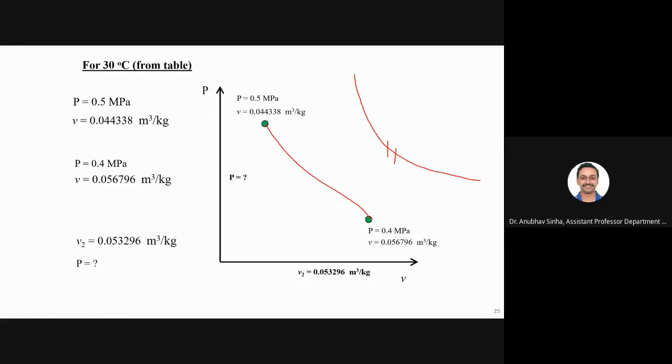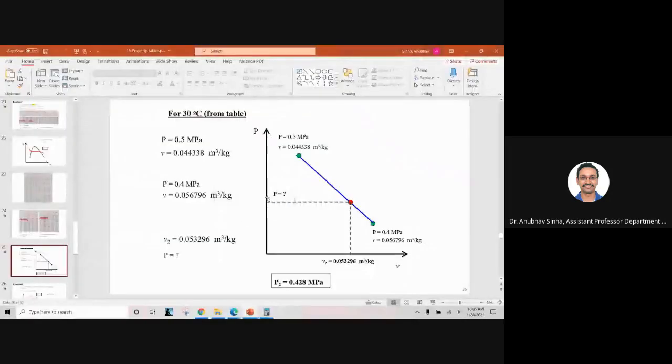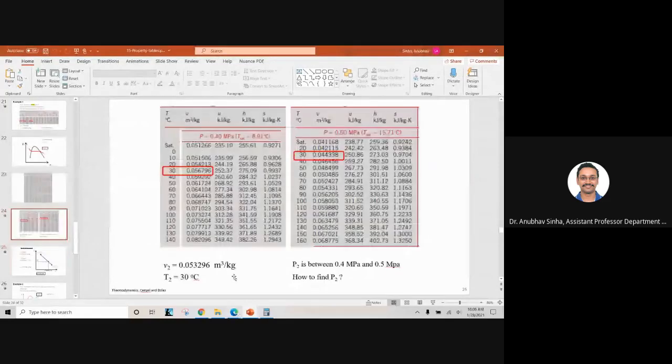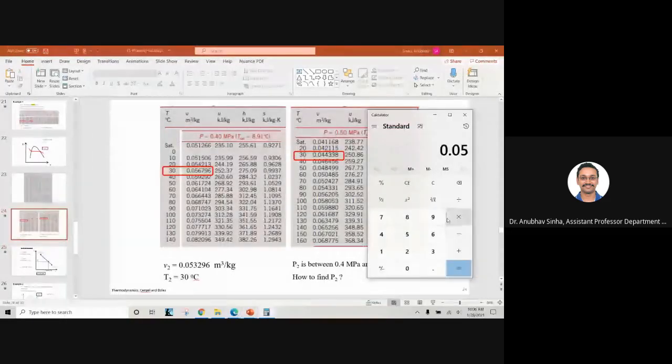See, in this example I have mentioned PV is changing at constant temperature. So PV is equal to, let me just check. 0.056796 into 0.4.